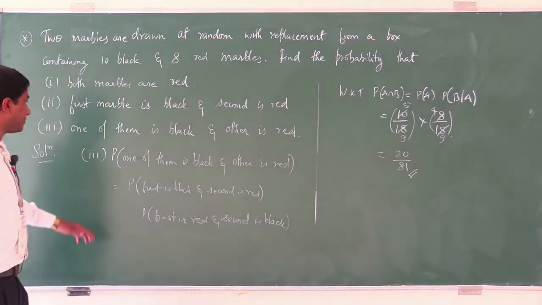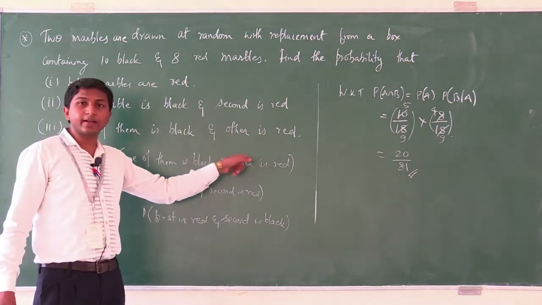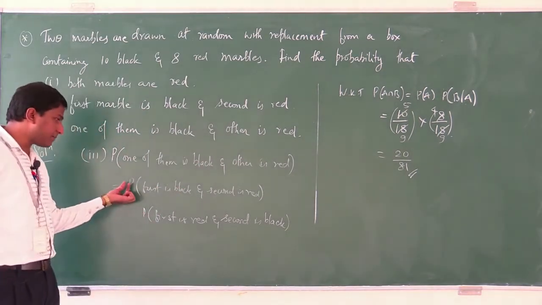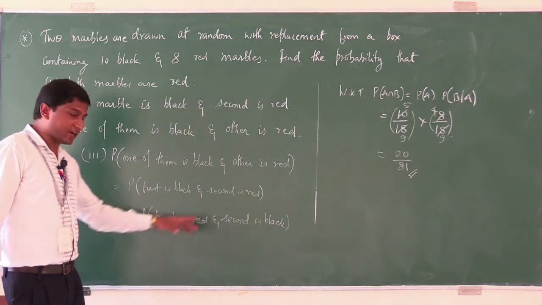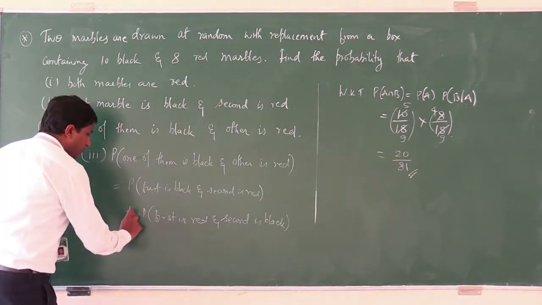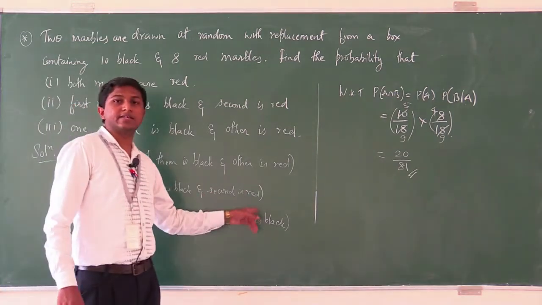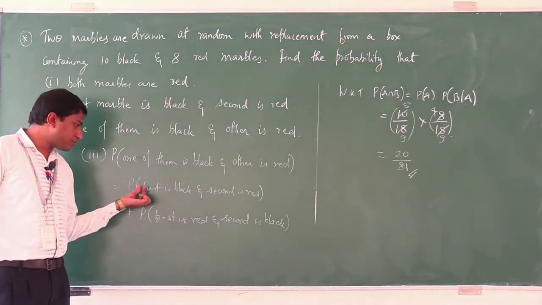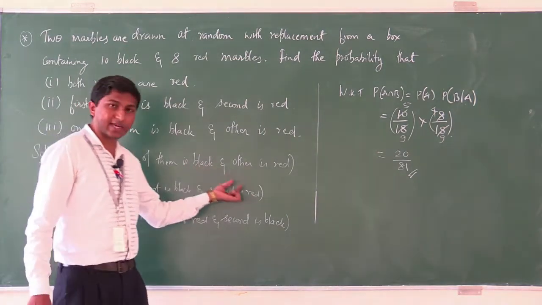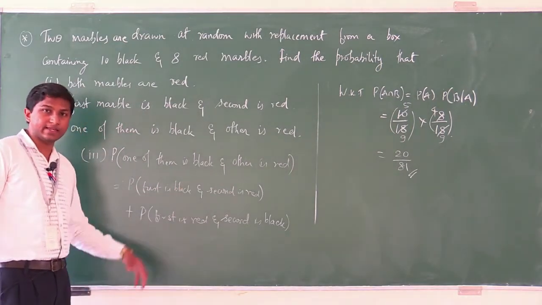So what have we done here? We have taken P of one of them is black and the other is red and written it as the probability of the event first is black and second is red, plus the probability of the event first is red and second is black. All we have to do is find the probability of first is black, second is red, and add it with the probability of first is red, second is black.